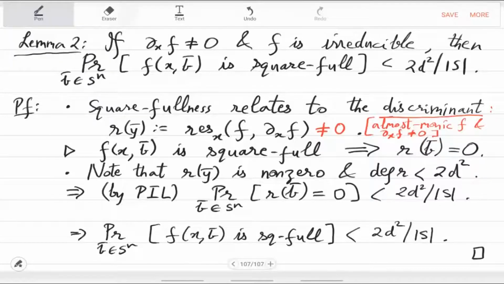Note that we could have actually instead just assumed that f is square free. You do not need irreducibility, actually square freeness is enough. So R is non-zero, degree is less than 2d square. In fact, there is something stronger that we are using, so let me correct it.